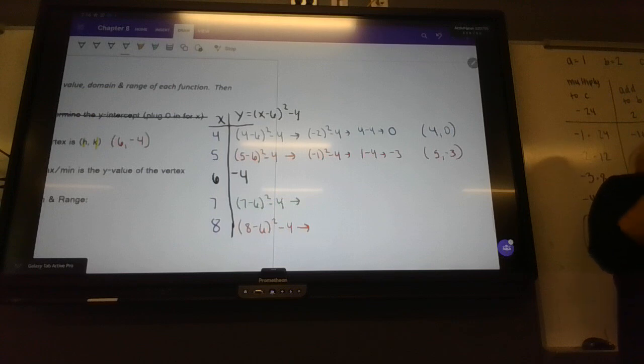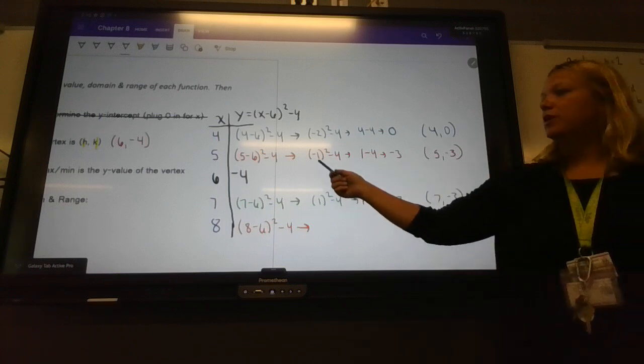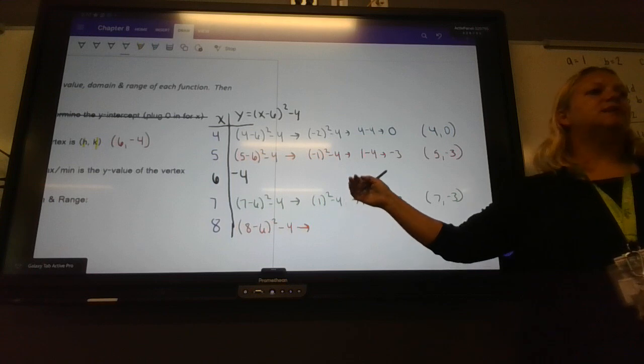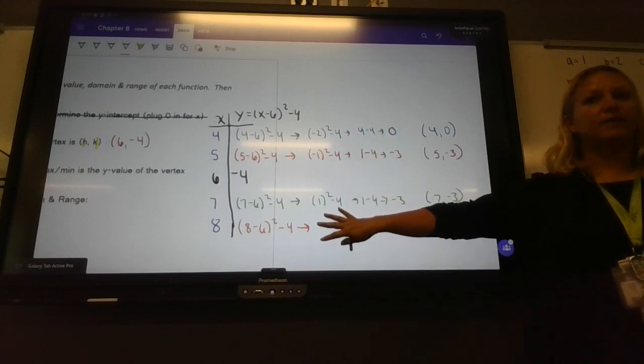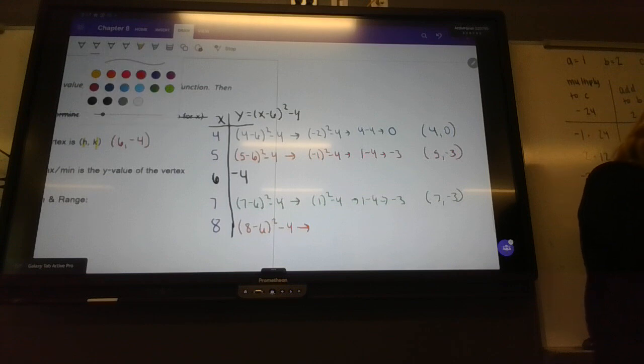Now whoever I said this one to, that would be 1 squared minus 4. Negative 3. Which is just like when we graphed from standard form, there's symmetry. Remember, I said if you find 2, you can reflect them. That holds true here for vertex form as well.